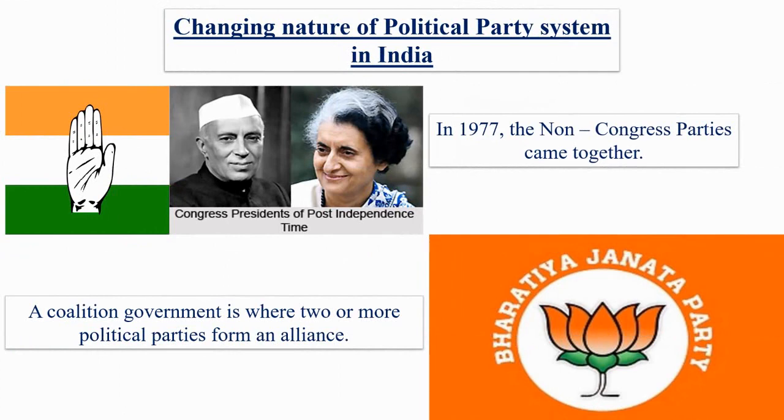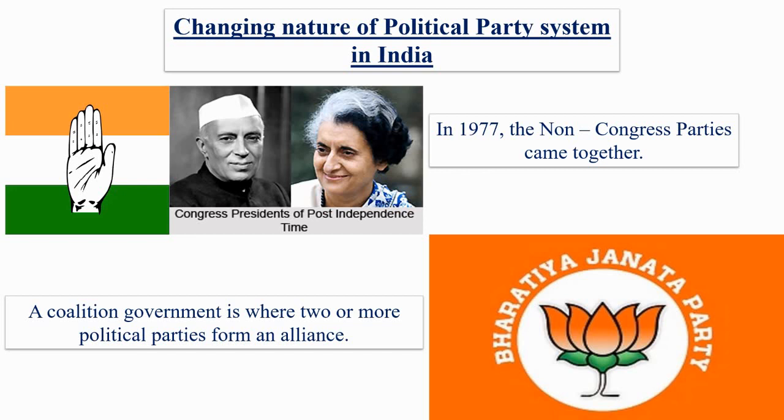The next topic we will be talking about is the changing nature of political party systems in India. The Indian National Congress came into existence in 1885. It was a single political party that was created during the independence era and continued to stay a strong political party in the post-independence period as well.